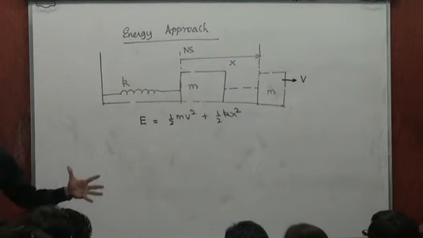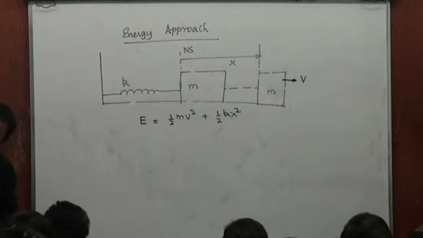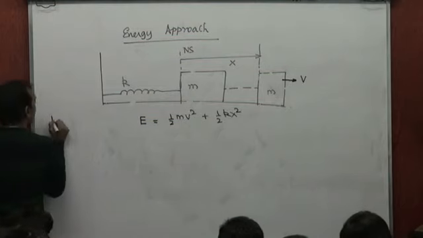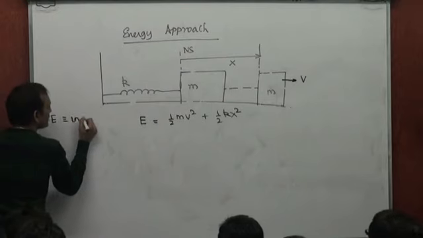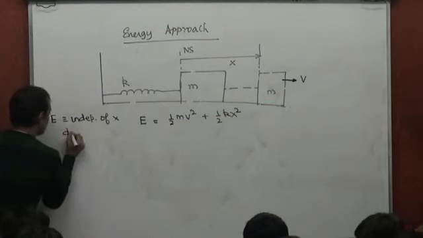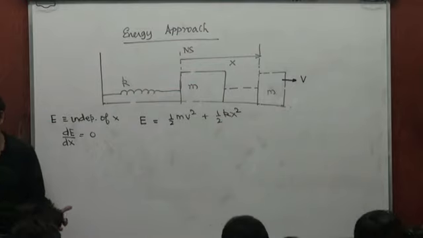If E is independent of x, the rate of change of E with respect to x ought to be 0. There is no rate of change of E with respect to x. That's what it means, right?